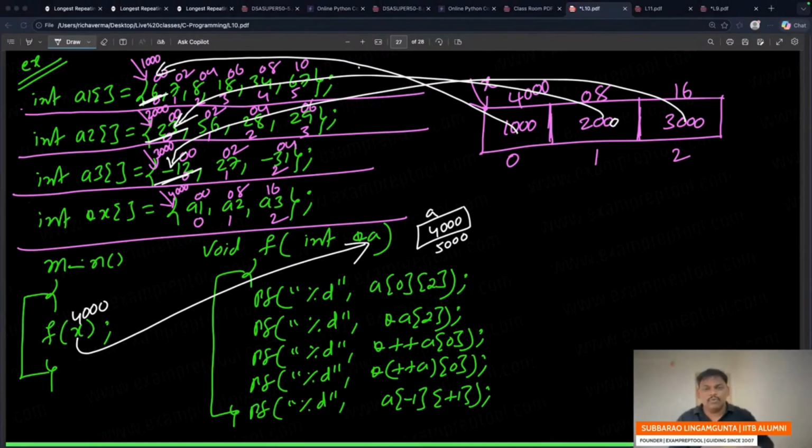Before proceeding further, I will ask you one small thing. How many arrays on the board? How many variables on the board? Please give the answer.